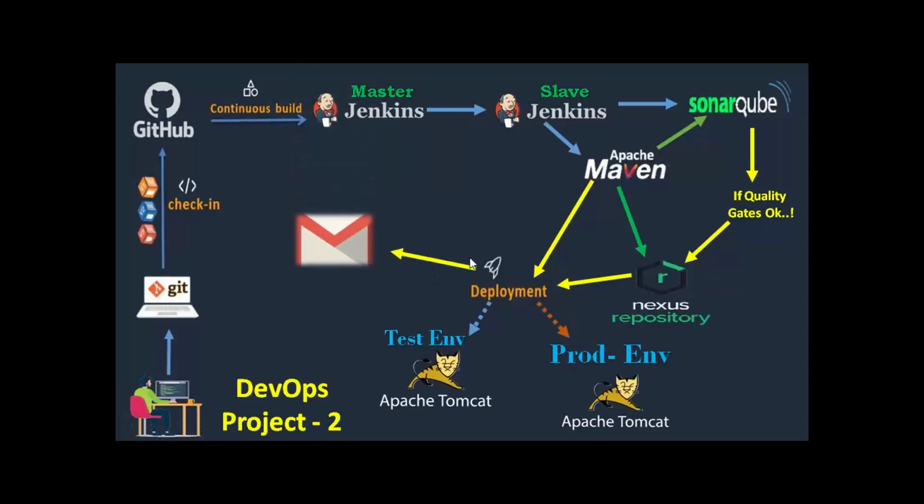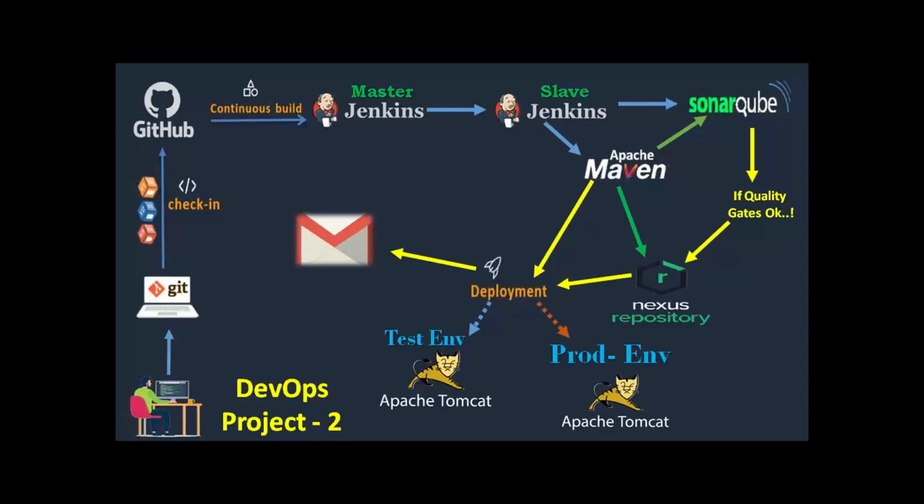After that, if everything is fine, we will get one notification. In this flow, for example, if it fails to integrate the code with Jenkins, that is the first problem, and we will get a notification. If it fails to integrate with master-slave, that is also a problem, and we'll get a notification. If it fails to integrate with Maven, we'll get a build fail notification. If it fails to integrate with SonarQube, we'll get a fail.